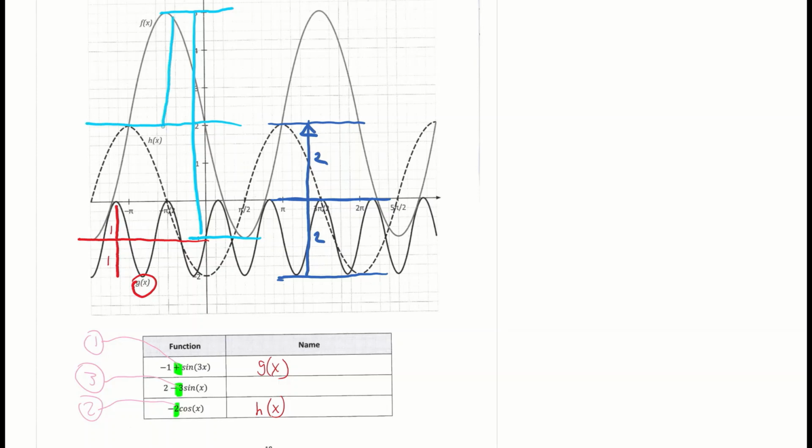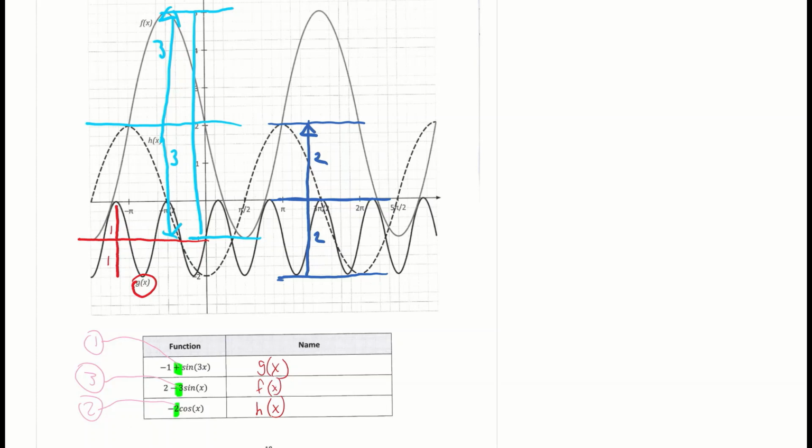So that's going up 3 units, from 2 to 5 is 3. And then I'm going from 2 down to -1, which is also 3. So the amplitude there is up and down 3. That means that the 2 minus 3 sin x must be my f of x.